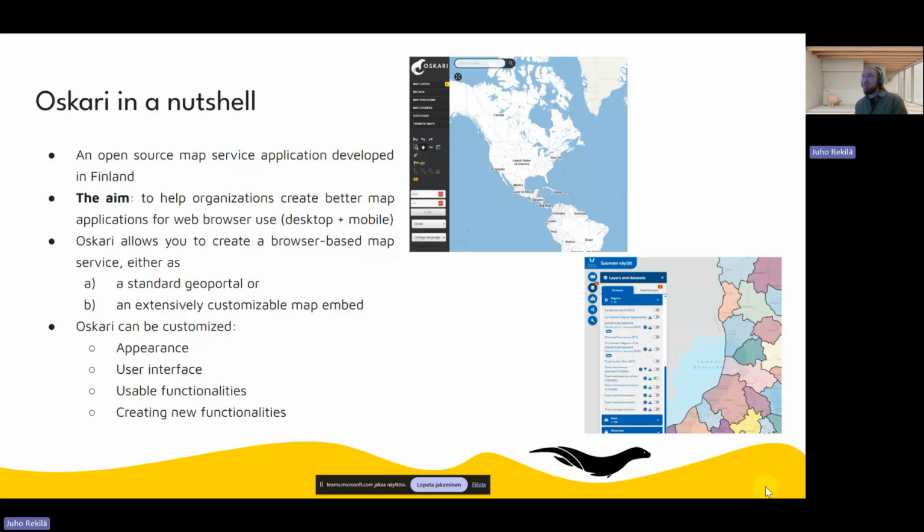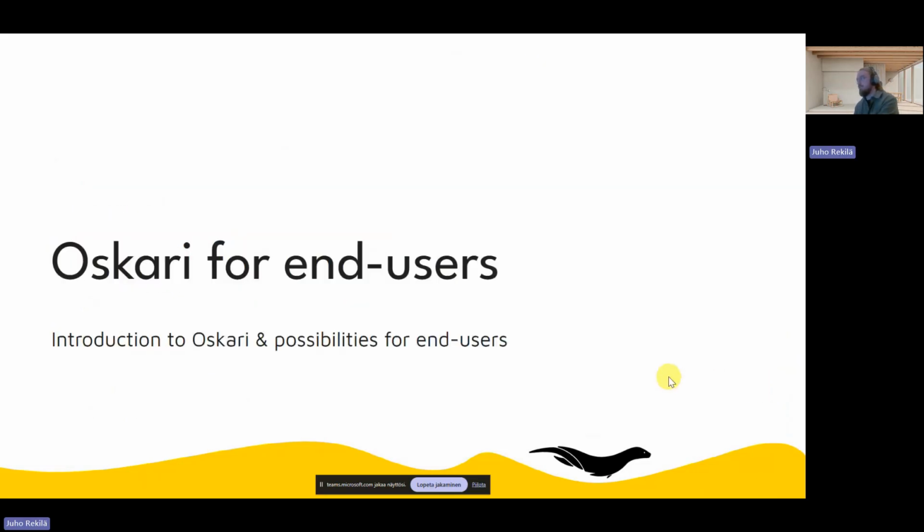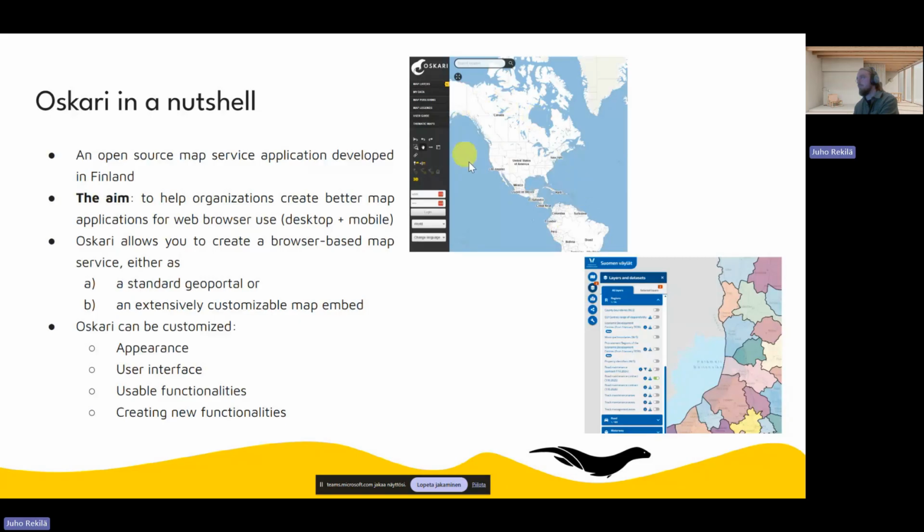And Oskari allows you to create a browser-based map service that is either a standard geoportal that is right here, a screenshot from paikkatietoikkuna, or you can do an extensively customizable map embed. And an example of that is here. This is from Suomen Väylät.